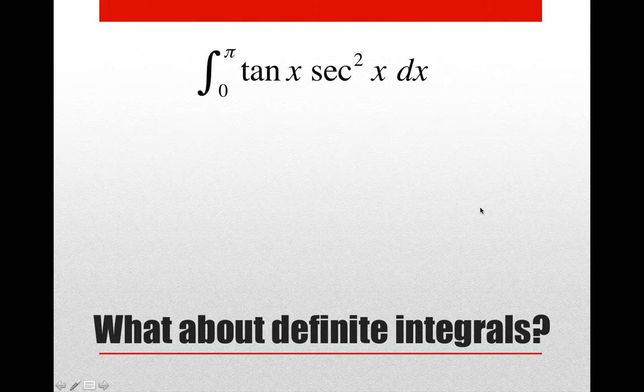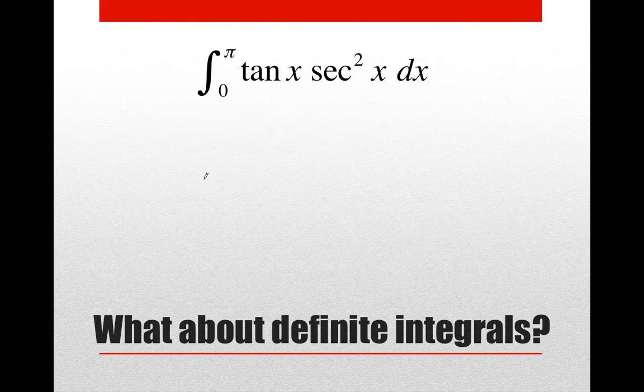All right, you can do the same thing with definite integrals. There are kind of 2 ways to do it. One, you just straight up do your substitution there at the very end by plugging your function back in for u, and then evaluate from 0 to pi.